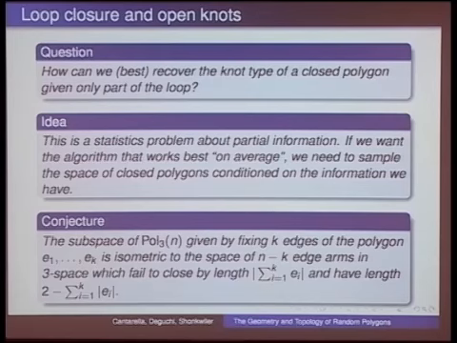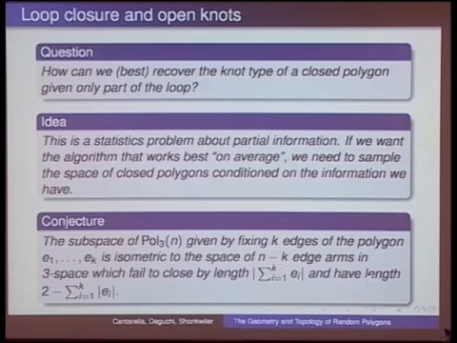From that point of view, I claim that it's a statistics problem. Getting the best algorithm on average is a statistics problem. So you want to sample the space of all closed polygons conditioned on whatever you know about this closed polygon, which is that I have some of the edges. If you have k of the edges, then what you know is the failure to close, so the other n minus k edges have to get back.